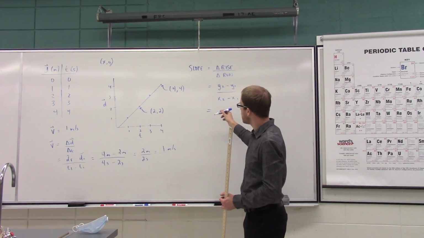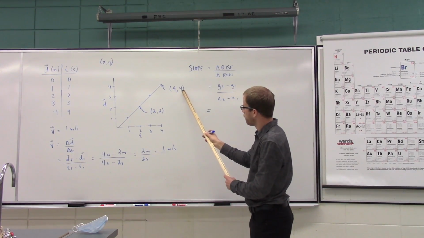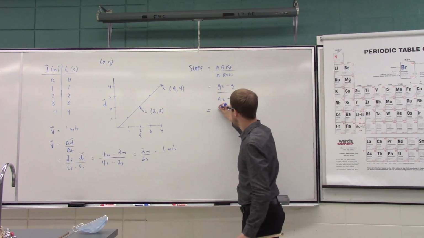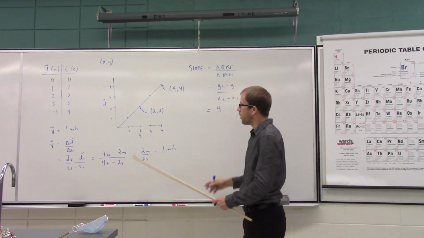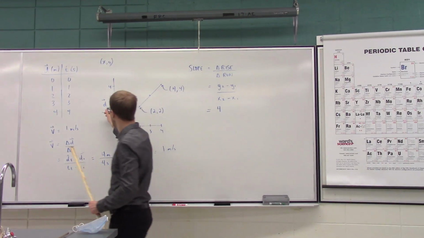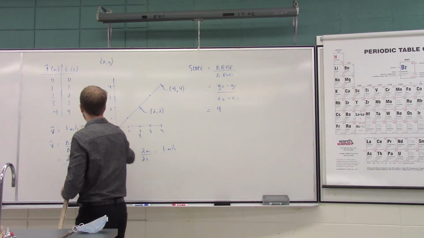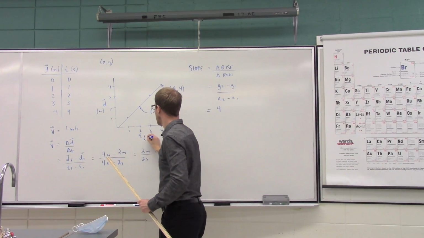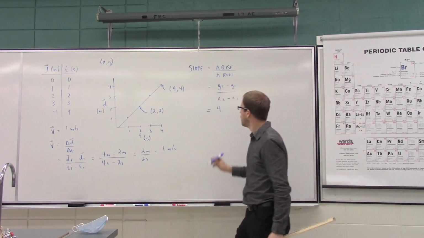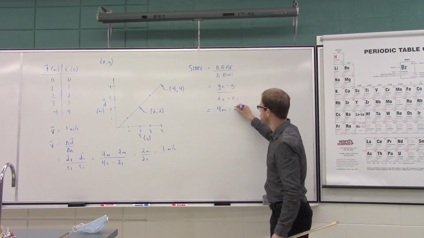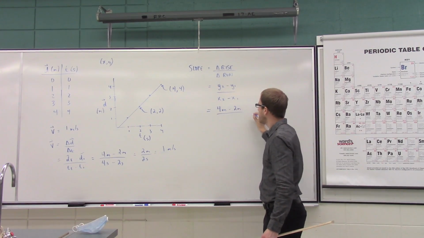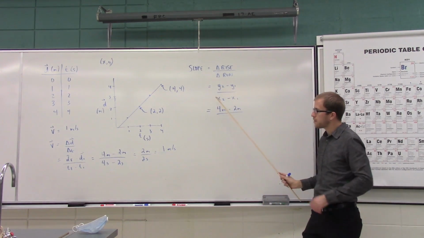So y2 minus y1, well, we have 4 minus 2. And what is the unit of our y-axis? Meters. So we have 4 meters minus 2 meters. Then we have our x values.